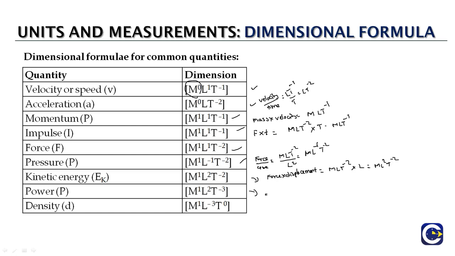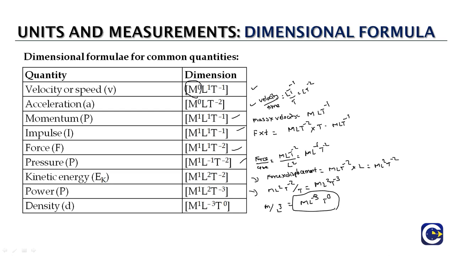Then we have power, which is the work done divided by the time taken, or energy used divided by time taken, so it will be M L^2 T^-2 divided by T, so M L^2 T^-3. And density is mass by volume, so mass M divided by L^3, so it will be M L^-3, and there is no relation with T, so it will be T^0.